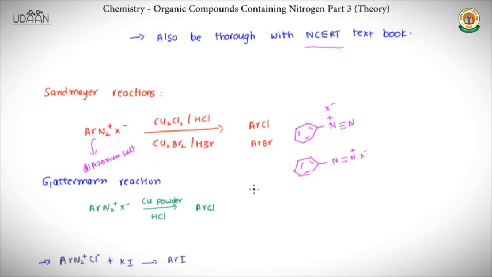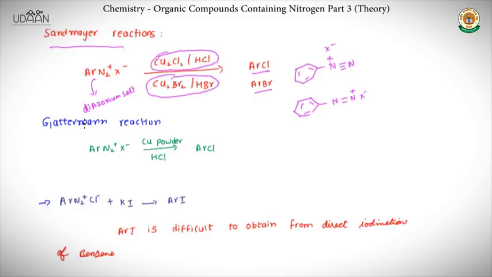Now whenever you treat this with CuCl in the presence of HCl, or CuBr in the presence of HBr, you will get ArCl or ArBr correspondingly, as you use HCl or HBr. Now this reaction is called the Sandmeyer reaction. It's a very useful one.